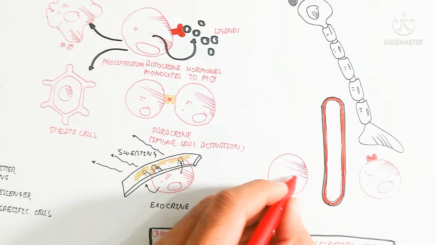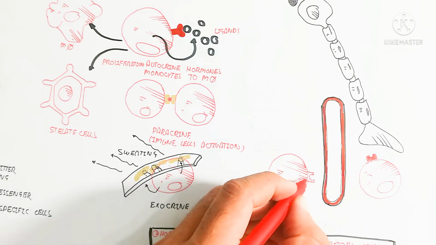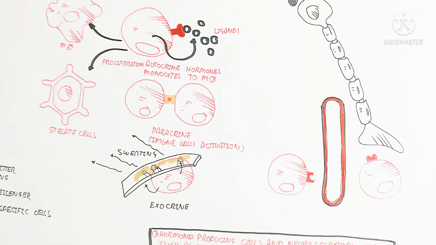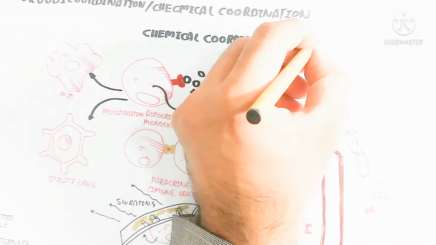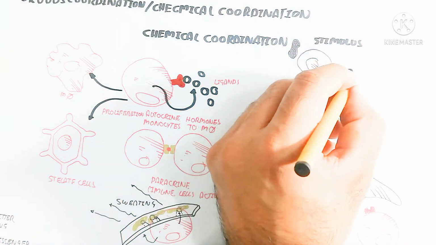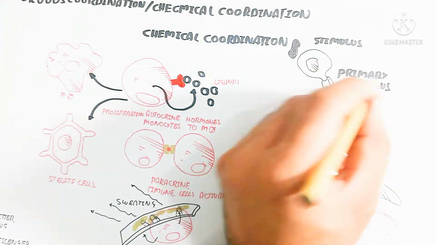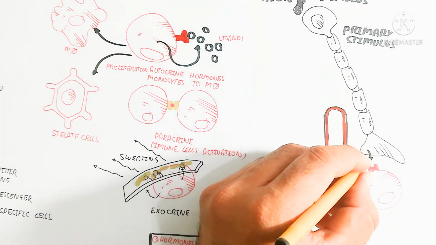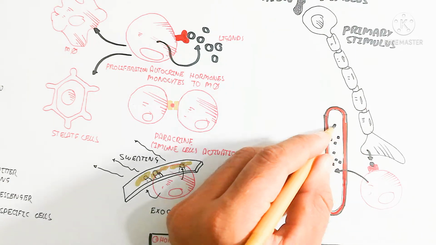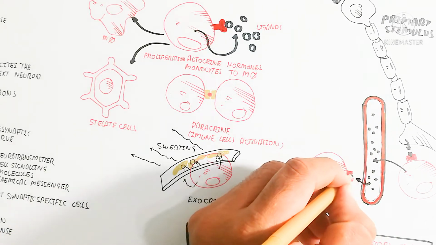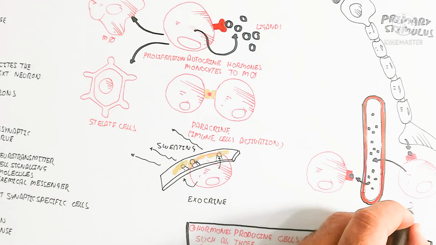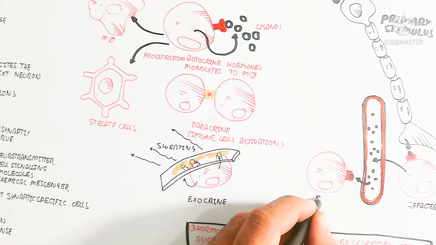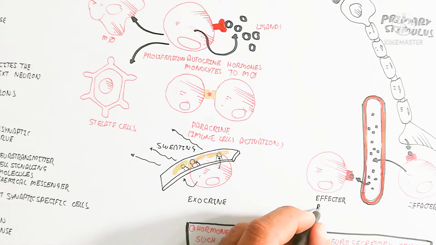An example is the antidiuretic hormone produced in the posterior pituitary, stimulated to be released into the blood for reabsorption of water in the kidney, in the nephron. This is also known as the neuroendocrine system.